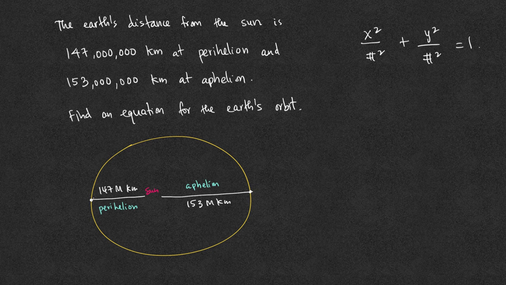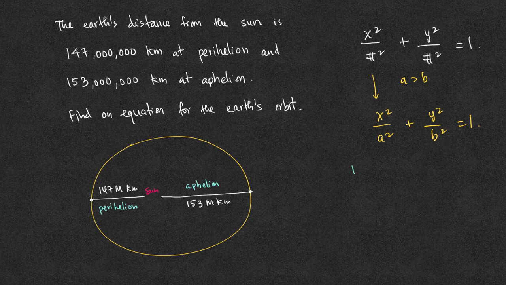From this figure, we see that the major axis is on the horizontal axis, and so a squared has to be below x squared because a is always greater than b. And so we have x squared over a squared plus y squared over b squared equals 1. To find the equation of the ellipse is to find a and b.